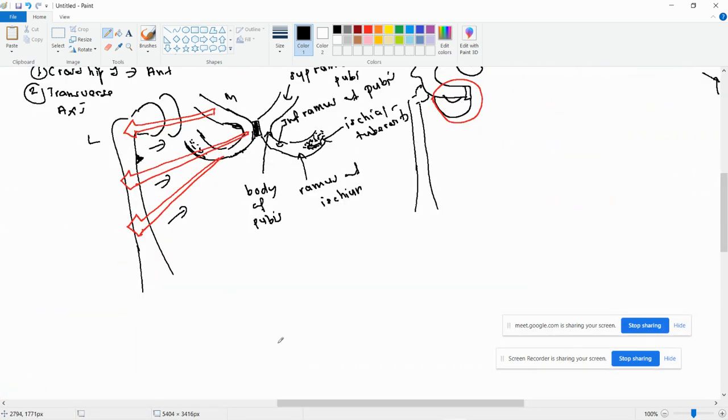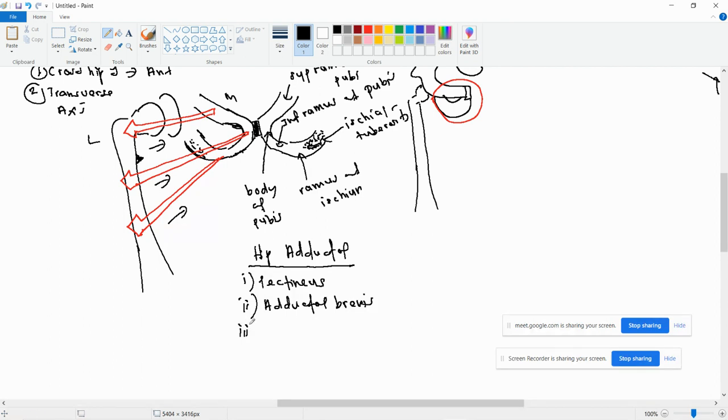So for the hip adductors, you should remember, you have five hip adductors. The first one is the pectineus. Number two, we have adductor brevis.